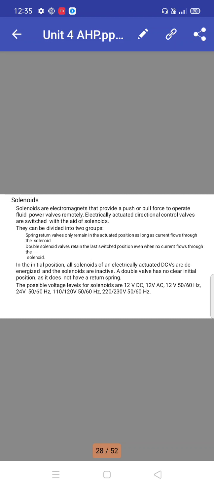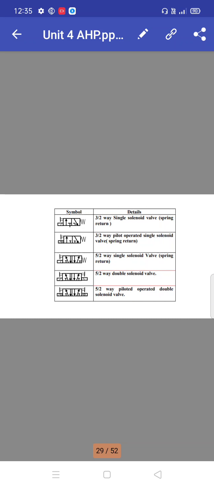The possible voltage levels for solenoids are 12 volt DC, 12 volt AC, 12 volt 50 to 60 Hz, 24 volt 50 to 60 Hz, 110 to 120 volt 50 to 60 Hz, and 220 to 230 volt 50 to 60 Hz. These are the symbols shown here.